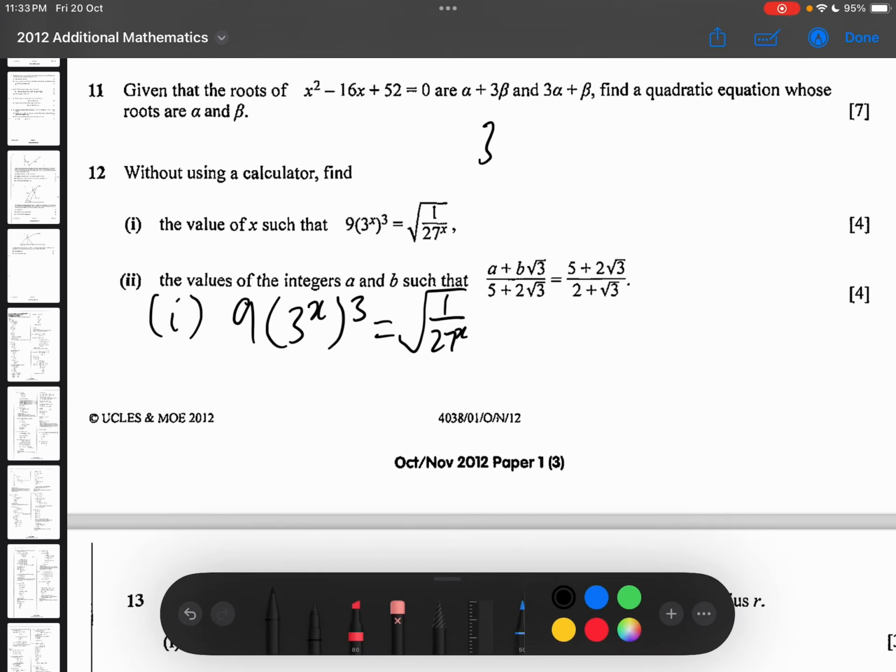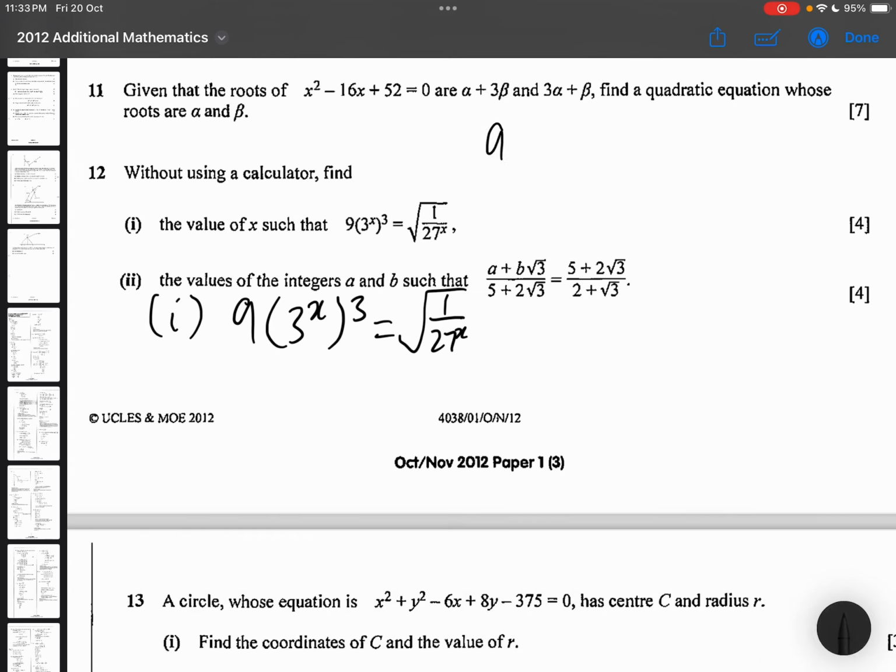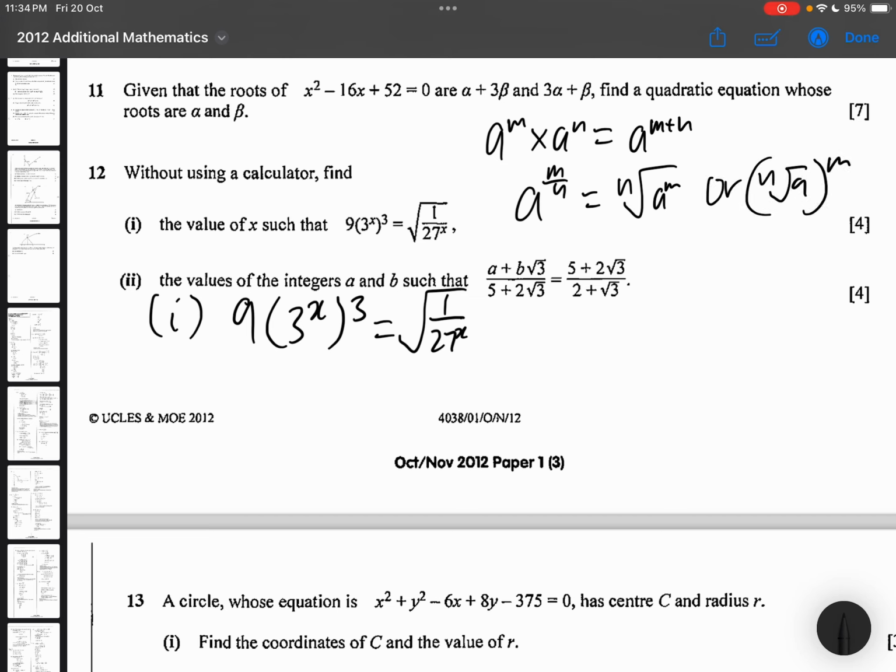Primarily speaking, it is the use of these two laws. So we're going to make use of these laws in helping us to combat this question.